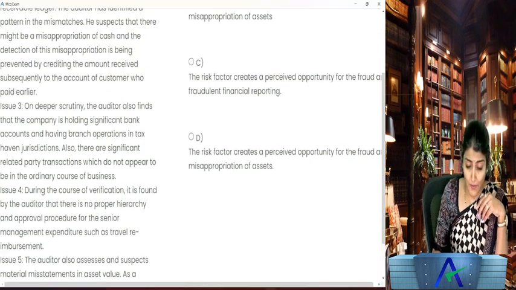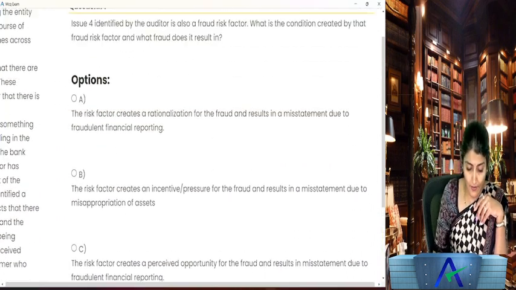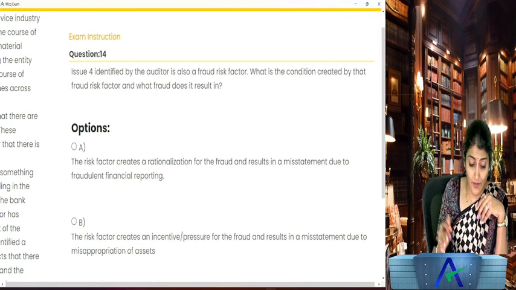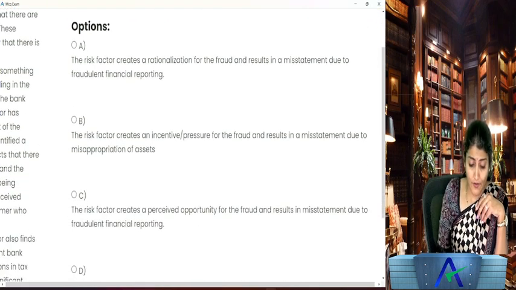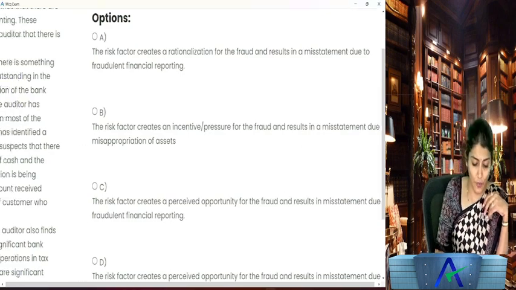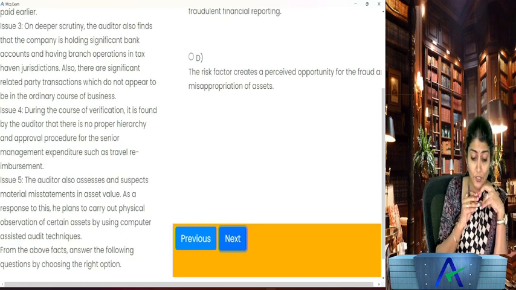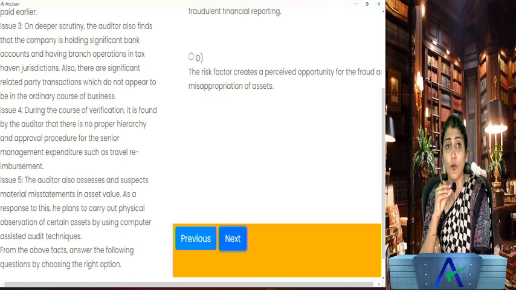So no proper hierarchy. Issue 4 is a fraud risk factor. What is the condition created by the fraud risk factor? Search for it in your books, everyone. What is issue 4? Senior management expenditure is not properly approved.